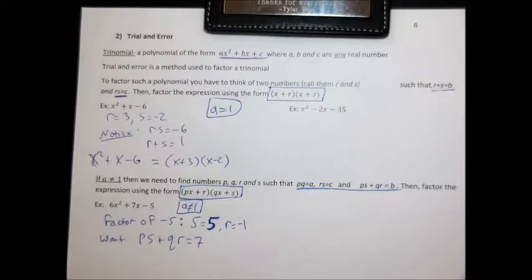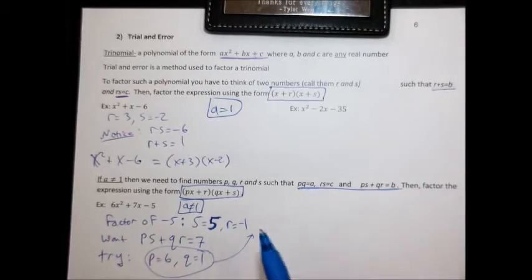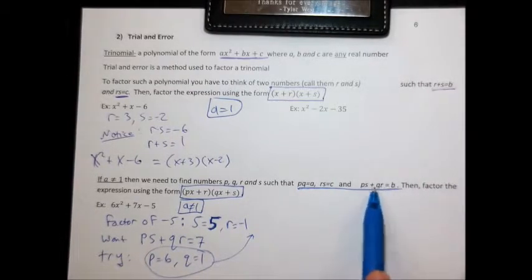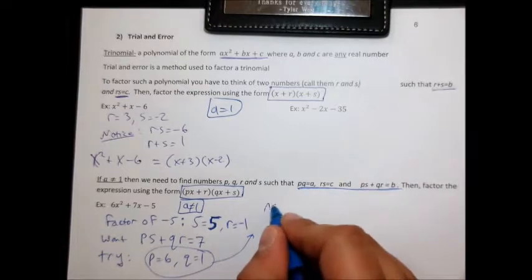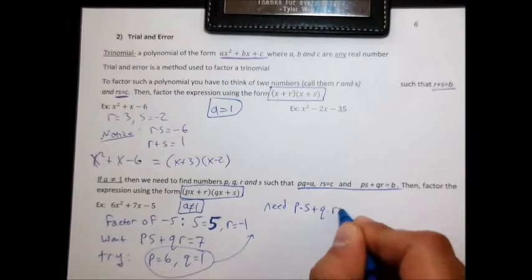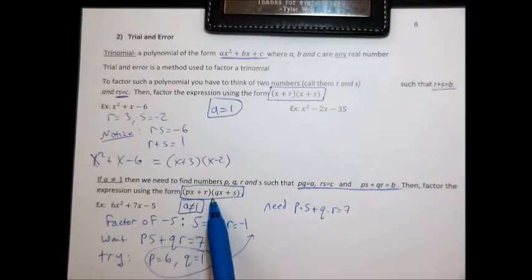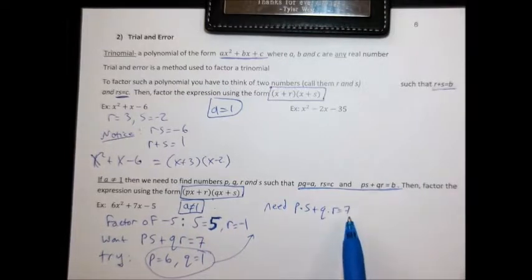And I'm going to try the wrong one. So let's try, maybe you think, okay, 6 and 1 are a good choice. Let's see if that worked, right? We need P times S plus Q times R to be 7, because when we multiply out that factored form, it needs to add up to 7.